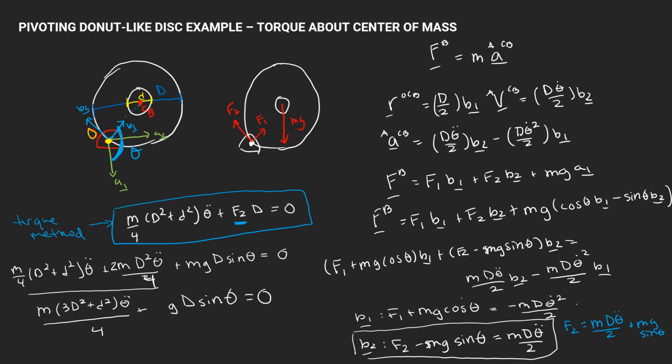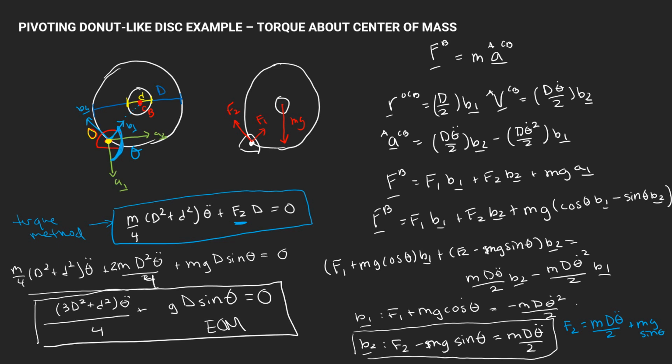And we can get rid of the m's on both sides. And now we are left with the exact same equation of motion that we calculated using the instantaneous center of rotation.